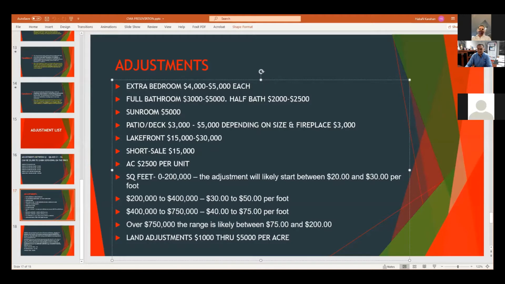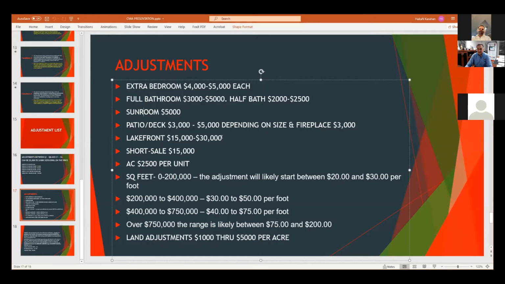So sunroom is $5,000 because it's heated. Now, if it is not heated, then you cannot really call it a room. You can call it maybe a covered porch or something. Patio and deck, $3,000 to $5,000 depending on size. Fireplace, $3,000. Lakefront, $15,000 to $30,000.